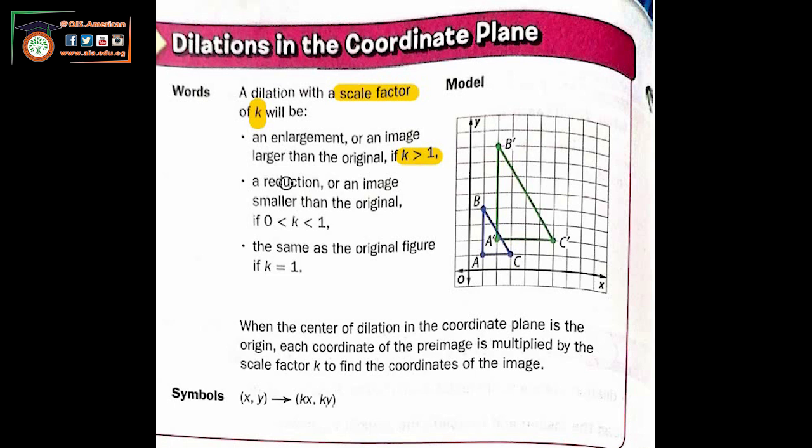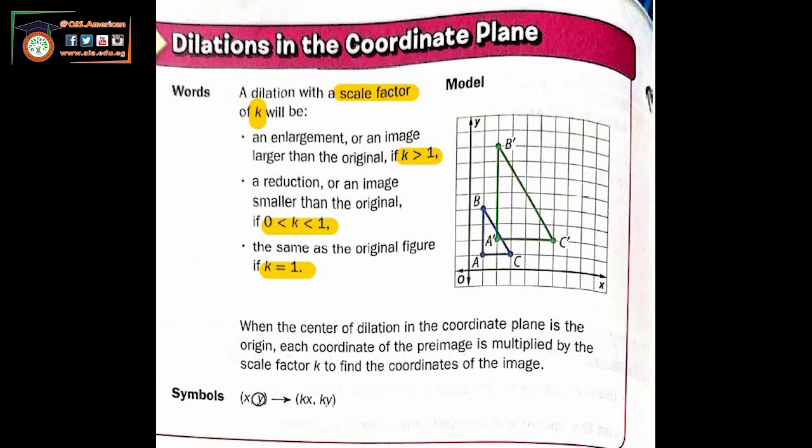And if you need a reduction, which is to make it smaller, the scale factor is going to be greater than 0 and less than 1, like a half, 0.25, and so on. And if you need it to stay the same, it's going to be the original figure, so the scale factor is equal to 1.